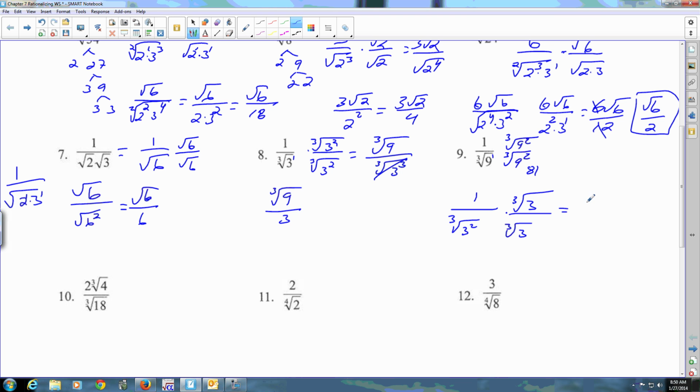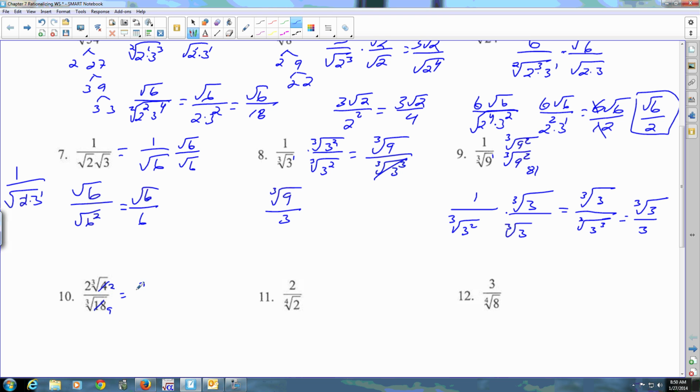So the top becomes the cube root of 3 over, if I slow it down, the cube root of 3 cubed. So that becomes the cube root of 3 over 3. Okay. If you can reduce, I would strongly recommend it. It'll always make life easier.